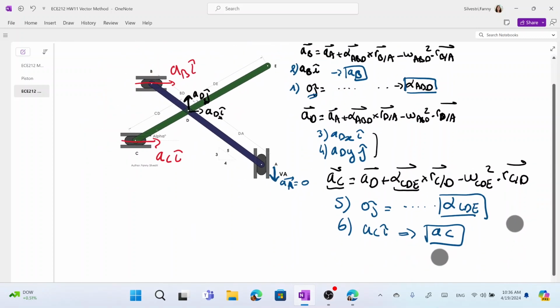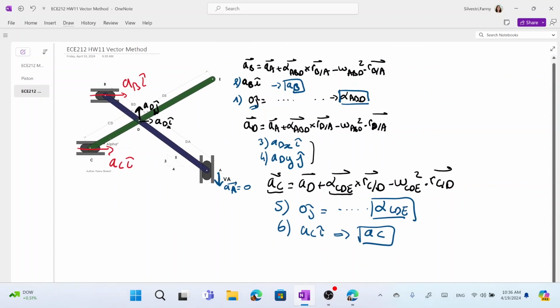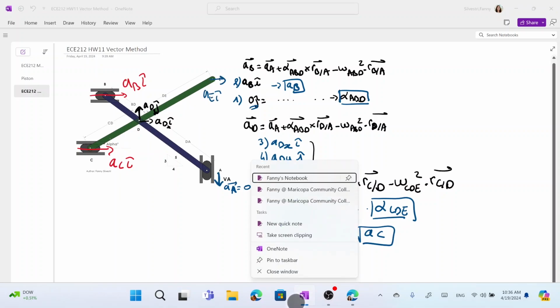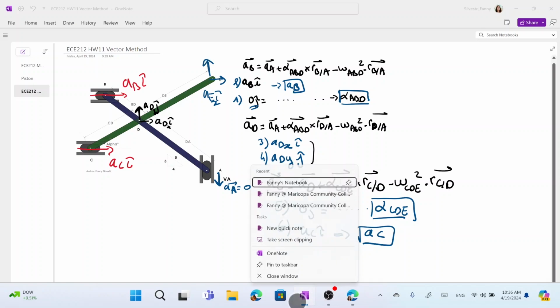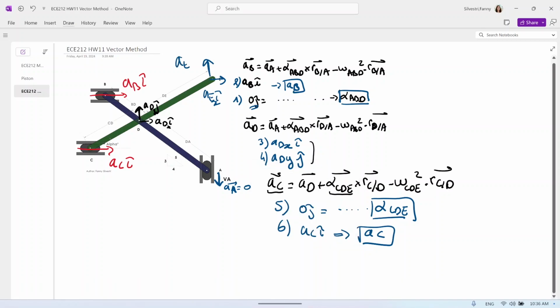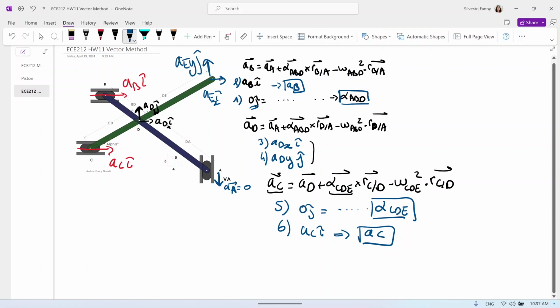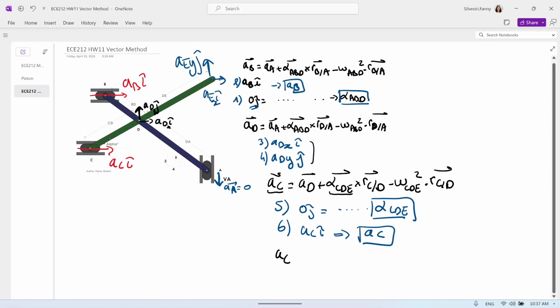One final step, the only thing that we are missing is the acceleration of AE. So AE on I hat, AE on J hat. Assume that we have two accelerations, two directions, because we don't know. E is not constrained to a slider. It can move in any direction. So we will use the equation AE equal, you can use AD or AC.